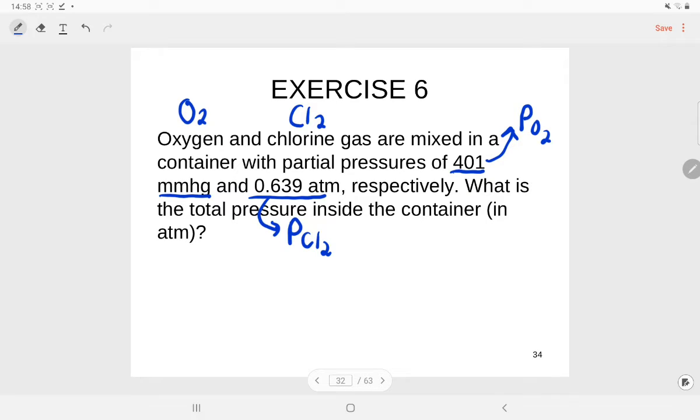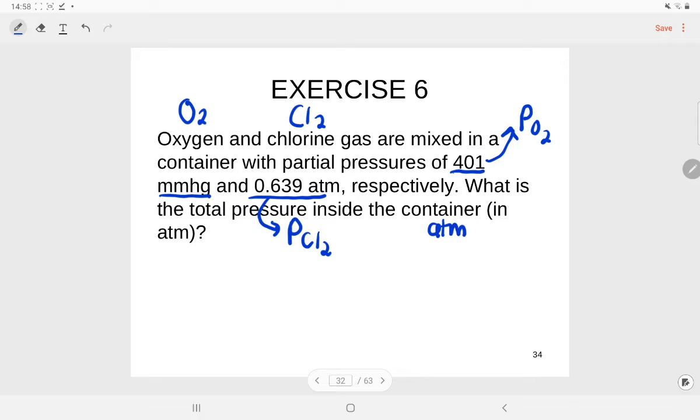What is the total pressure inside the container? This is exactly the same as our previous example. You just need to fix into one unit of pressure, and I decided to fix it into the standard SI unit of pressure, which is atm.